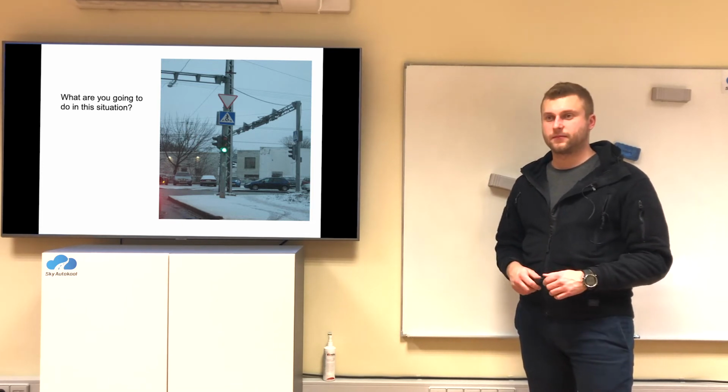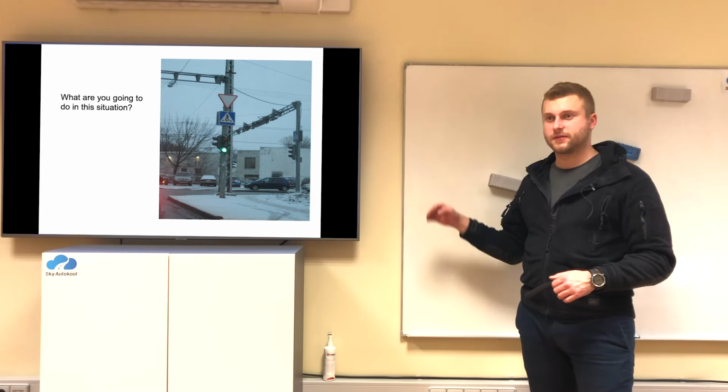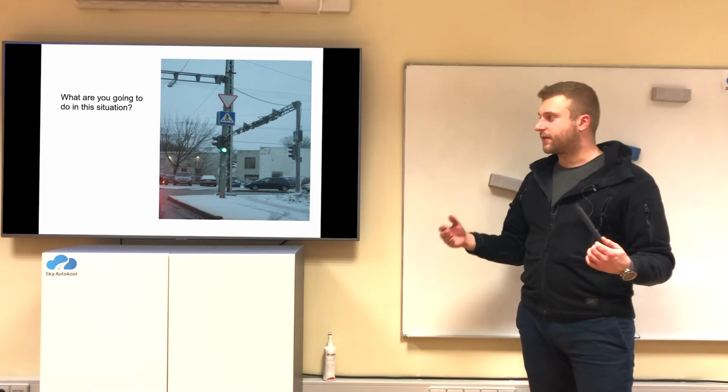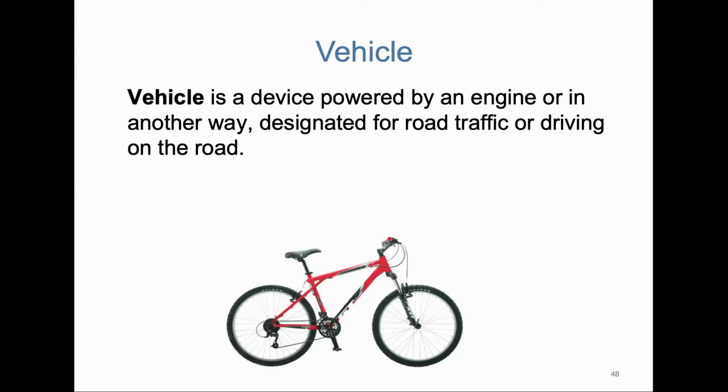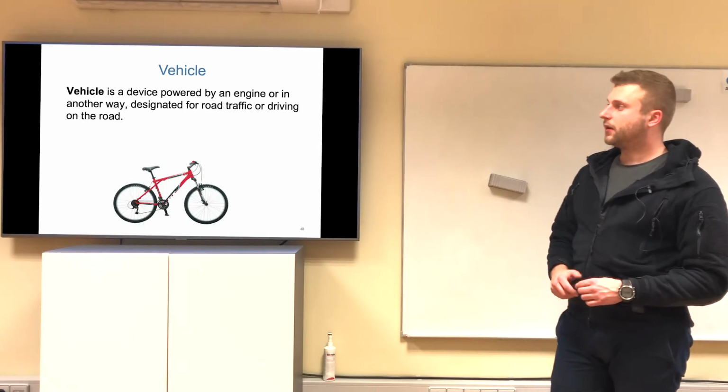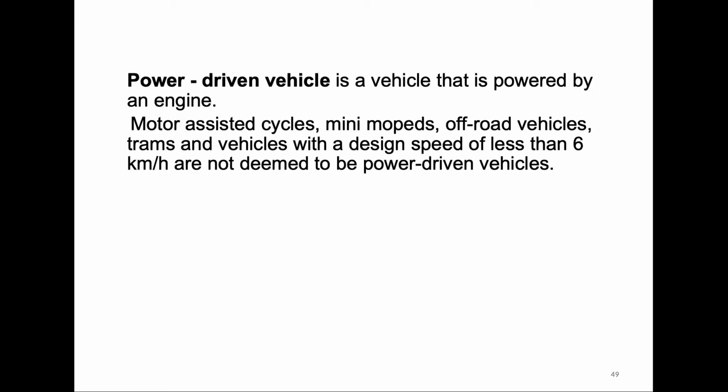Then these are the priority levels. So basically, a traffic light is the boss. Vehicle is a device powered by an engine or another way, designed for road traffic or driving on the road, like a bicycle. It's also a vehicle, actually. Power-driven vehicle is a vehicle that is powered by an engine.